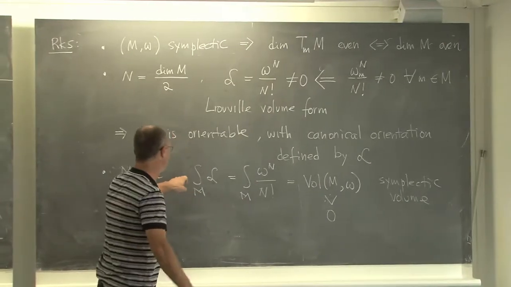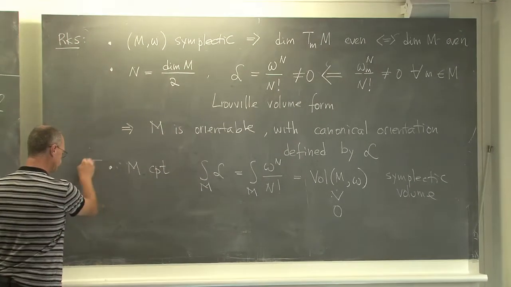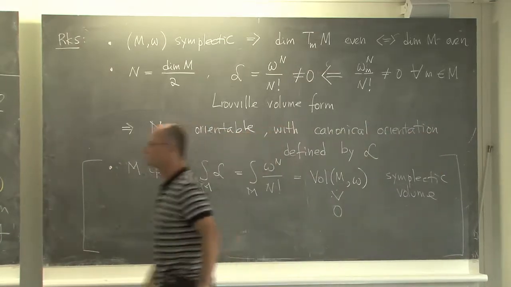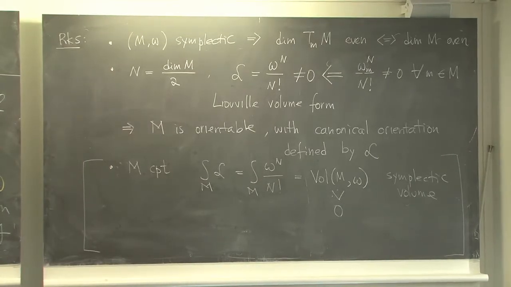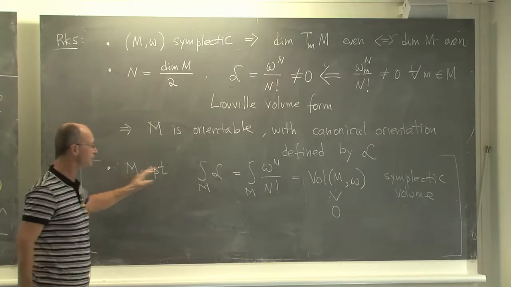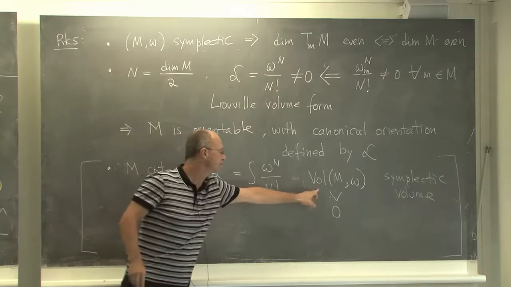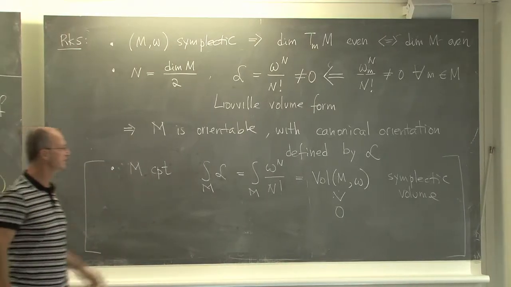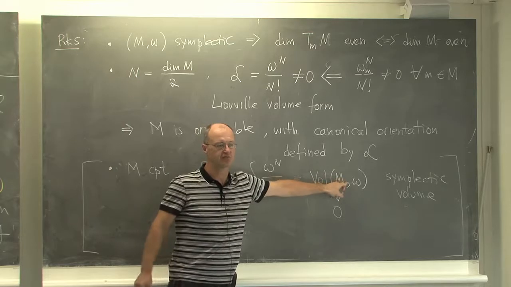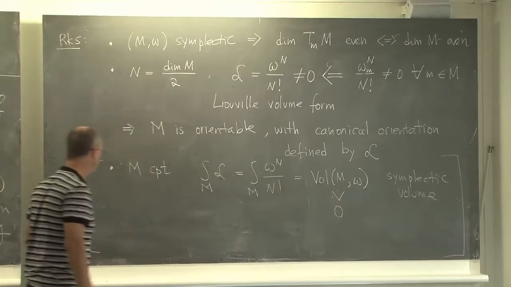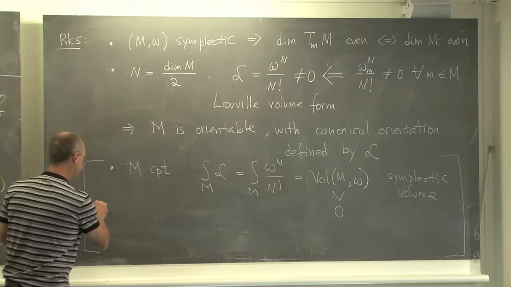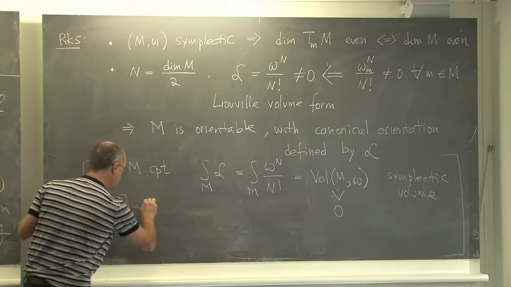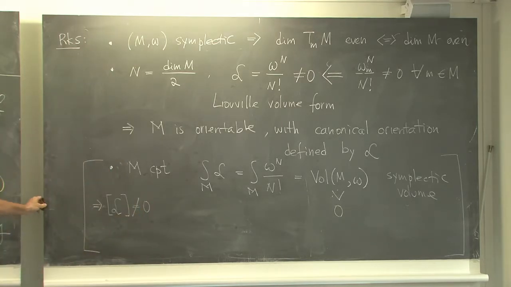Maybe let me add some small comment to this part of the blackboard. So let's return for a second to this discussion of the symplectic volume. If M is a compact symplectic manifold, we said the symplectic volume is well defined and always positive. In particular, this means that the cohomology class of the Liouville form is non-vanishing, right?